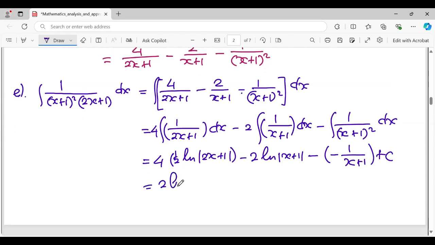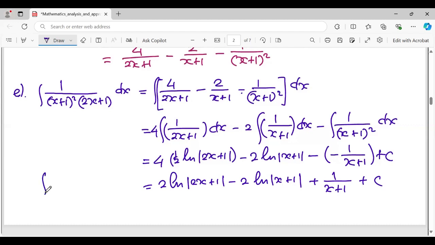It becomes 2 ln (2x plus 1) minus 2 ln (x plus 1). So this is 2 ln (2x plus 1), and this is 2 ln (x plus 1) plus 1 over (x plus 1) plus c.